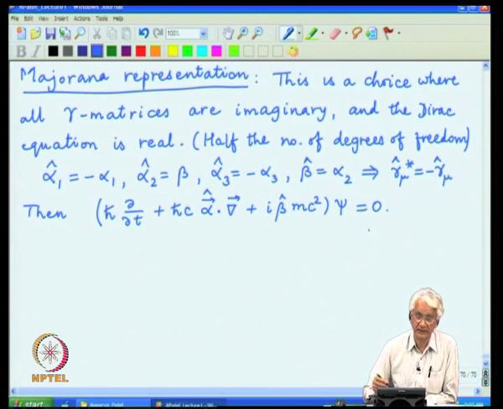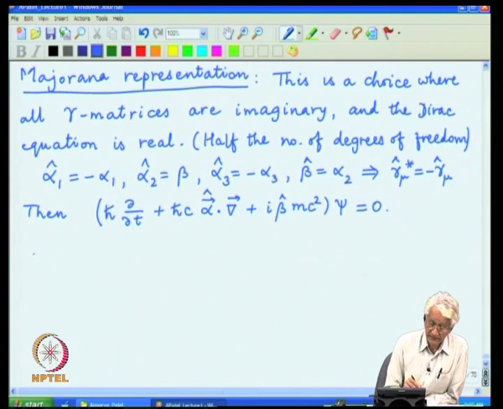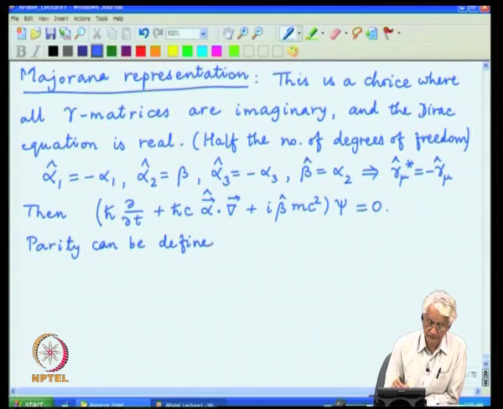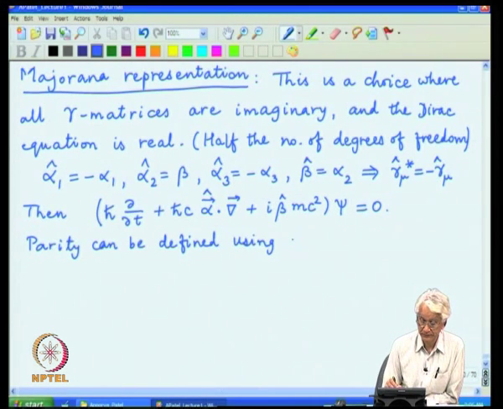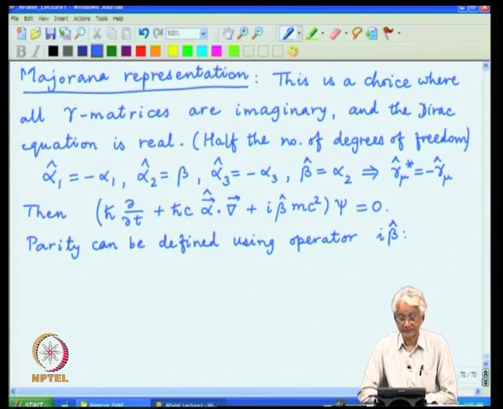The parity transformation can still be defined. It will still be defined by the matrix gamma 0, or in this particular case by the matrix beta hat, and there is a choice available, which is just I times beta hat.